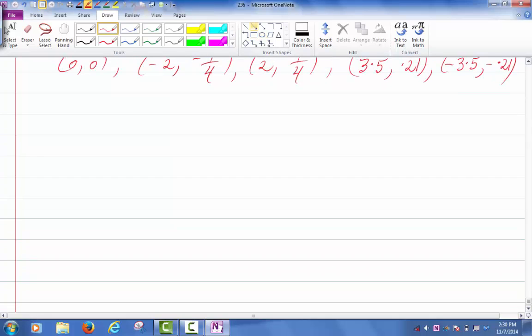Okay, let's try to sketch the graph now. So this would be step number what? I think this would be step number 7. To sketch the graph, we need the x-axis.